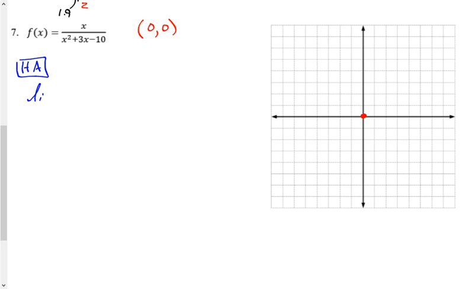I will do the limit as x approaches infinity of x over x squared plus 3x minus 10, which will be, when we use that strategy, 1 over x squared multiplied on top and on the bottom.